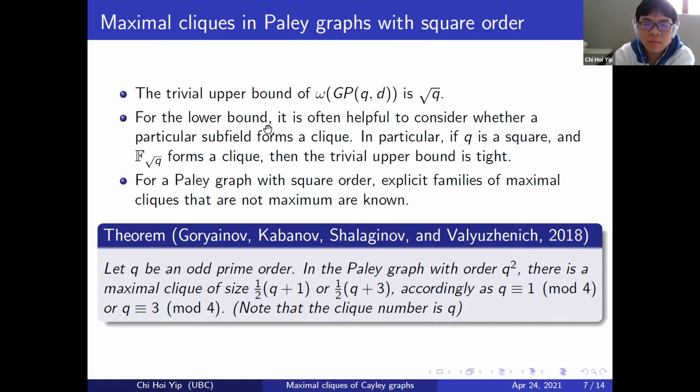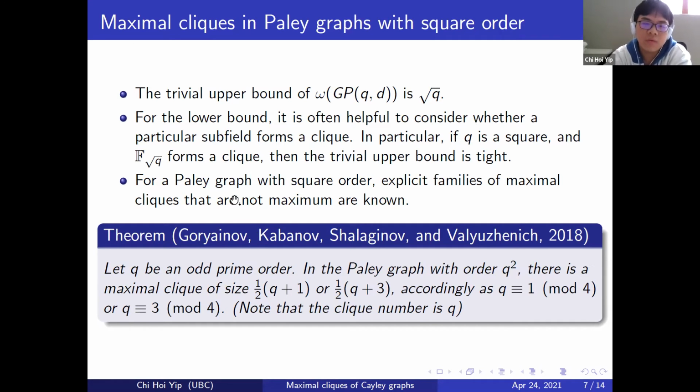And for the lower bound on the clique number, it's often helpful to consider whether a particular subfield forms a clique. In particular, if Q is a square, and if we can check that F_root Q actually forms a clique, then this upper bound is tight.